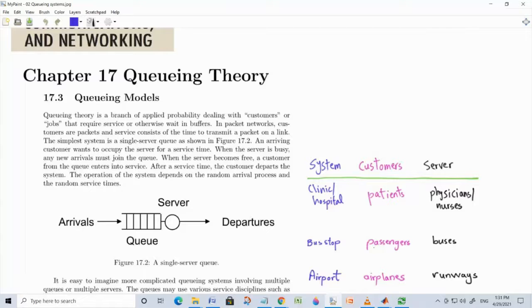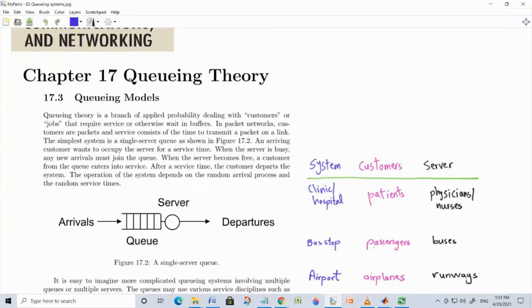So a queuing system, as you see in the figure, is a system in which you have arrivals from a population, and here what is drawn is one server. You can have one server or a number of servers, and there are also waiting places.